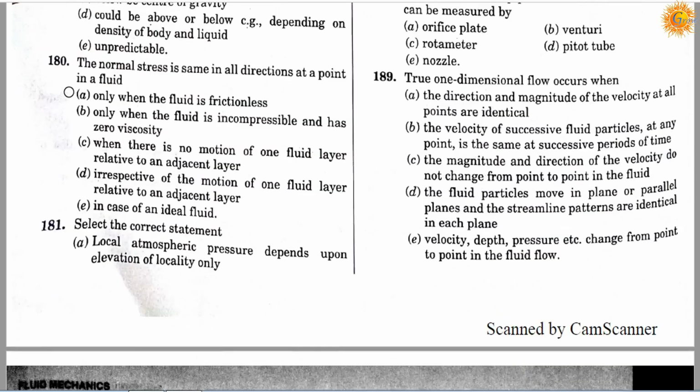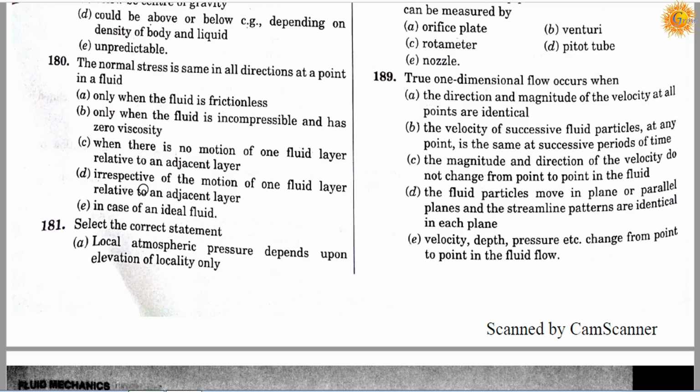Question number 180. The normal stress is the same in all directions at a point in a fluid: option A only when the fluid is frictionless, option B only when the fluid is incompressible and has zero viscosity, option C when there is no motion of one fluid layer relative to an adjacent layer, option D irrespective of the motion of one fluid layer relative to an adjacent layer, and option E in case of an ideal fluid.